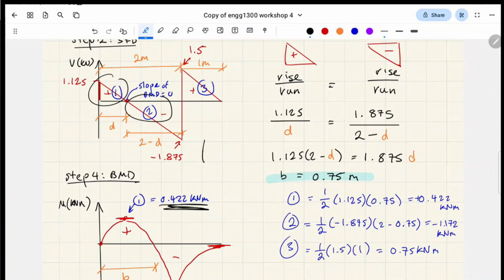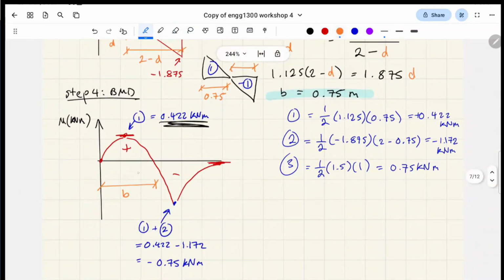I'll draw that again. So it basically looked like this, right? And then at that point, your bending moment is 0, right? And we know that this length is D, which is 0.75. And so B is just going to be 2D, right? It's 1.5. Yeah. It's quite beautiful, right? Everything just works out. Yeah, it's great.